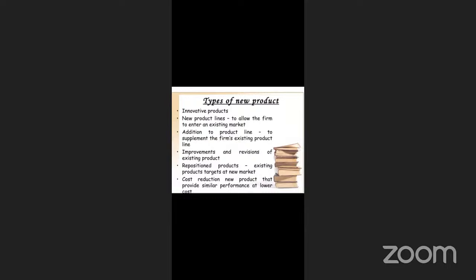So we have to find out the problem. When we have researched the other product, and when we go to the customer, we ask about the other product, whether they are satisfied or not. If they are satisfied, why? If not, why not? And we need to ask if any changes or add-ons are made in this product, whether they are willing to buy or not.